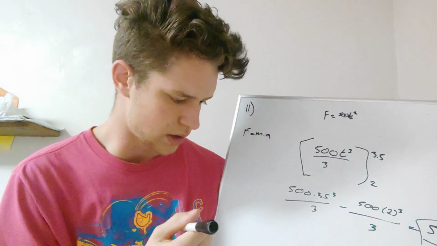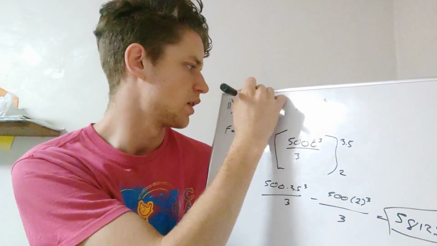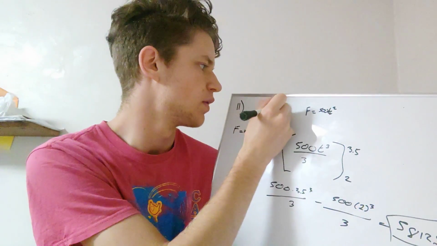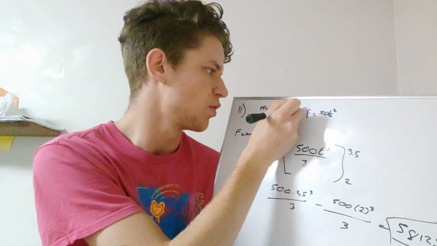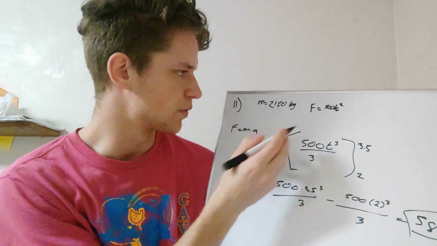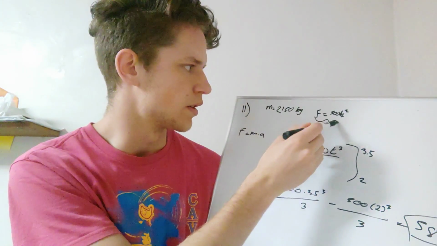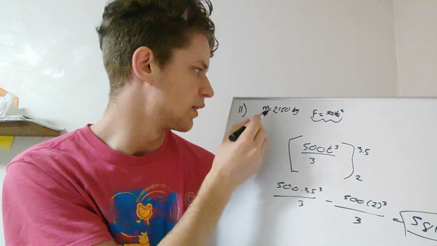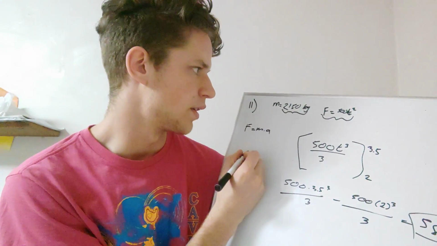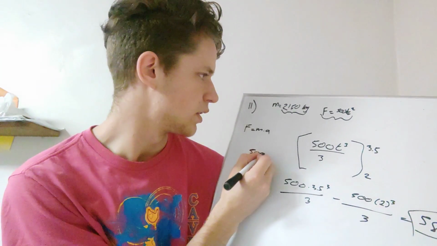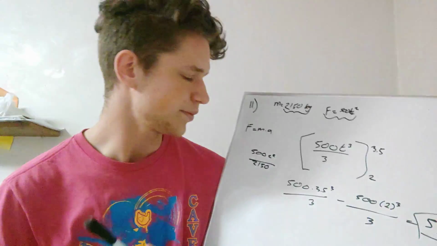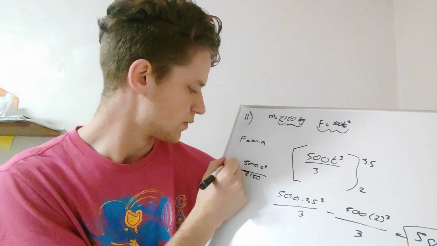It also gave us the mass of the rocket at the beginning, which is 2150 kilograms. So if you take the force and divide it by the mass, you get acceleration. So force, which is 500 t squared over 2150, equals your acceleration.